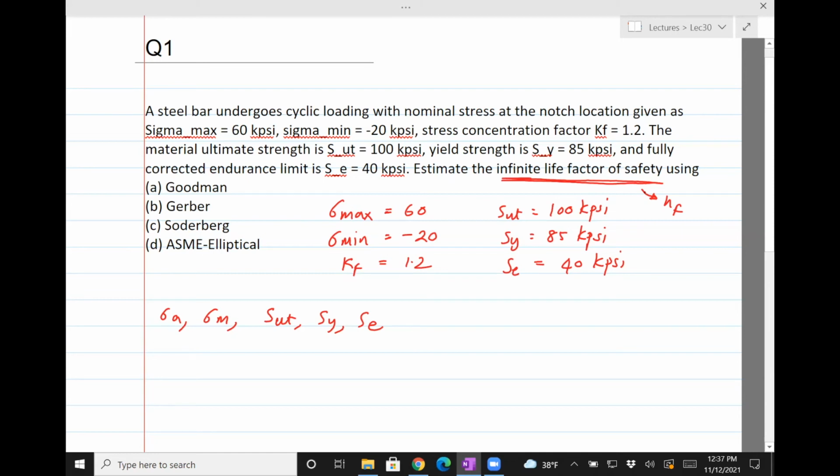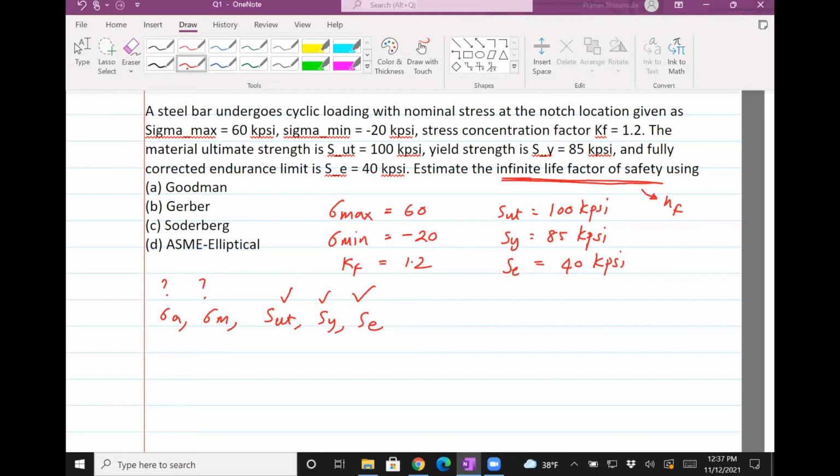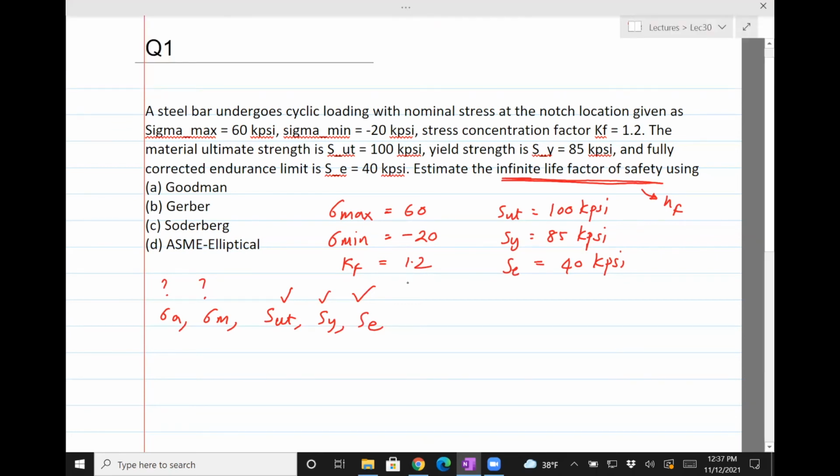We know the last 3 things. We do not know sigma a and sigma m. There's another thing you need to account for, which is the geometry of the stress concentration, the stress concentration factor due to fatigue. We need to account for that when we compute sigma a and sigma m.